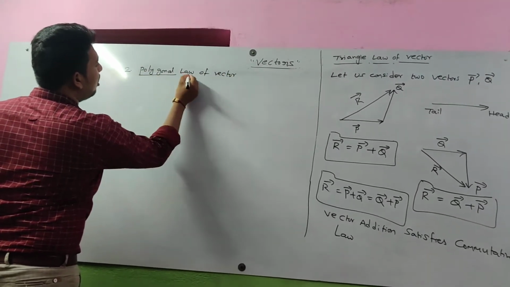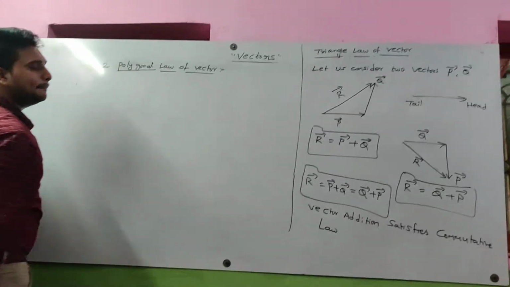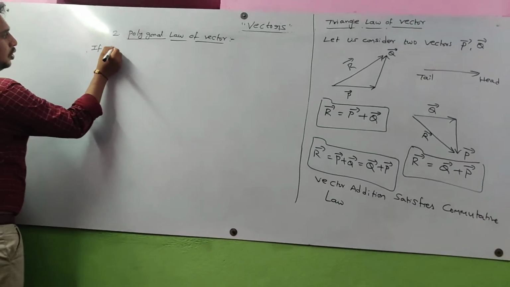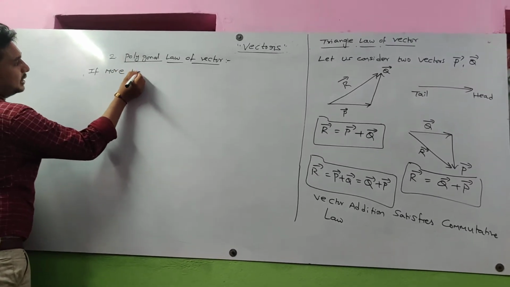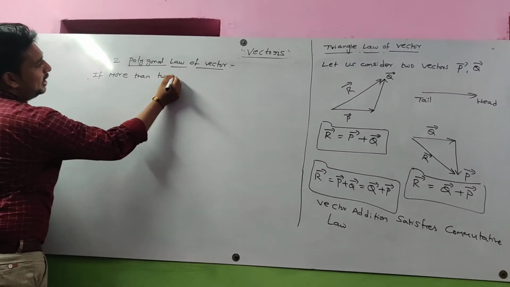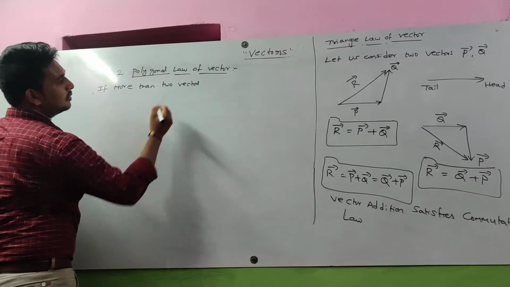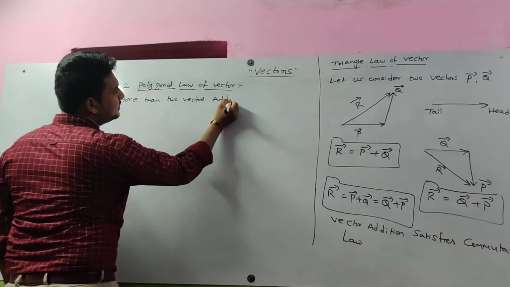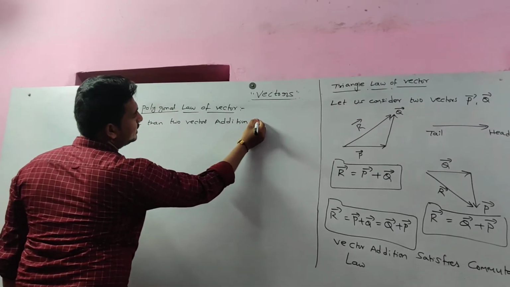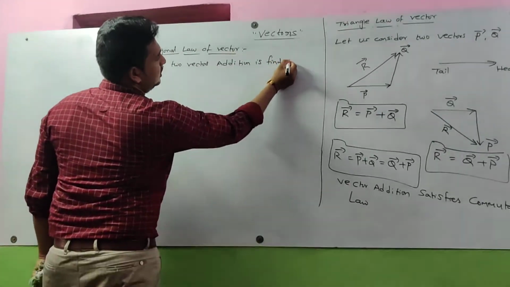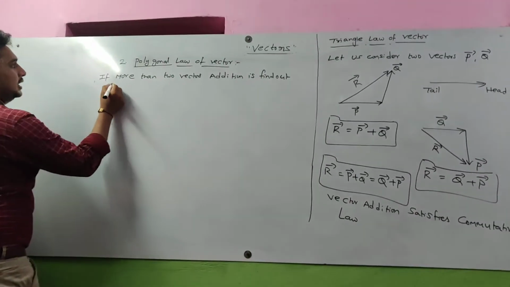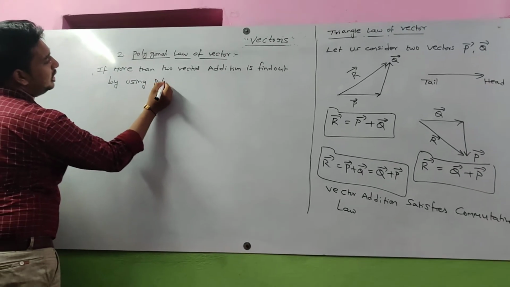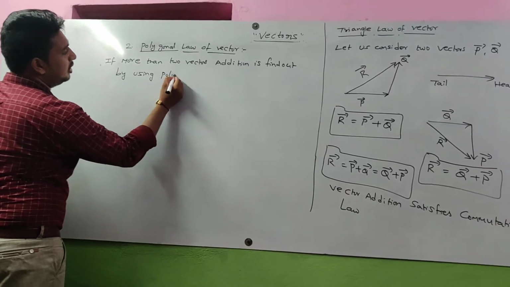If more than two vectors are added, the addition is found by using the polygonal law of vector.